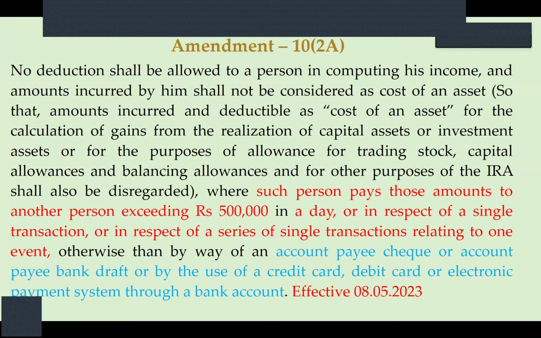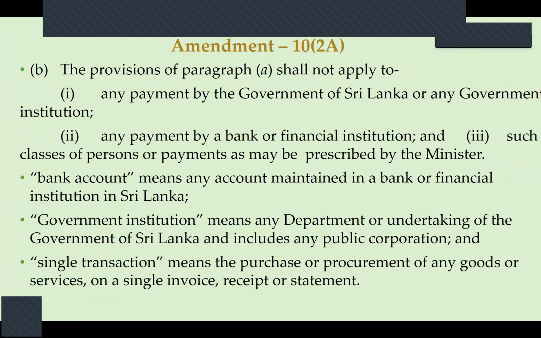That means if we are making a payment exceeding rupees 500,000, that amount should be paid through a bank. This provision is not applicable to the government or financial institutions. Bank account means a normal bank account, and government institution means a government department, like that.